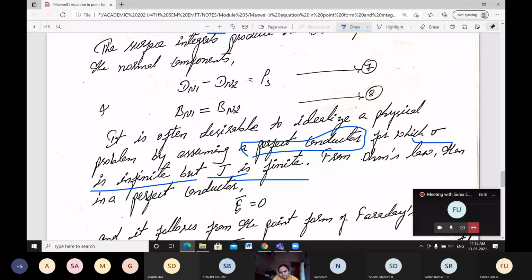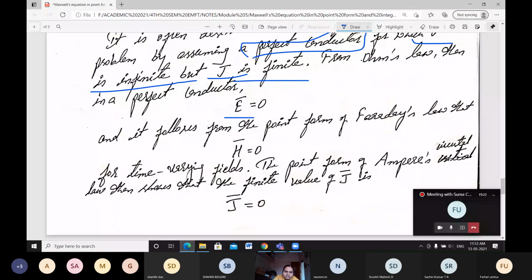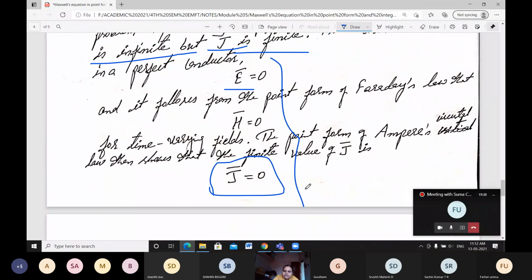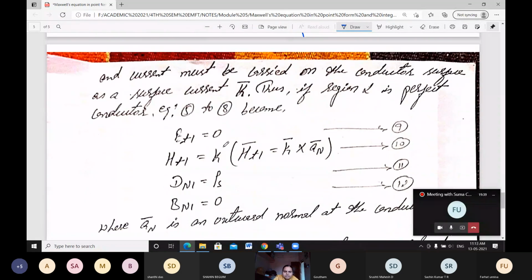It follows from the point form of Faraday's law that H is equal to 0. Then for time varying fields, the point form of Ampere's circuit law shows us that a finite value of J is always 0. These all terms are going to be 0 only. And current must be carried on the conductor surface as a surface current K.